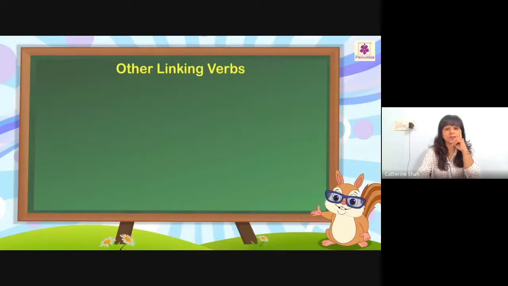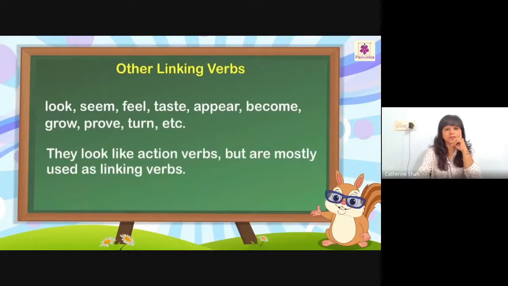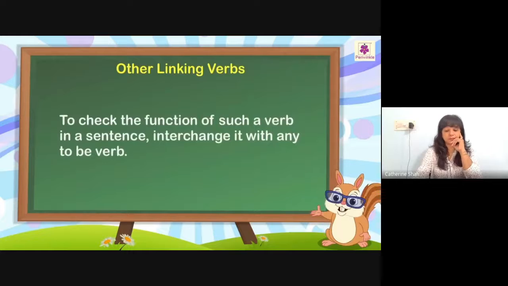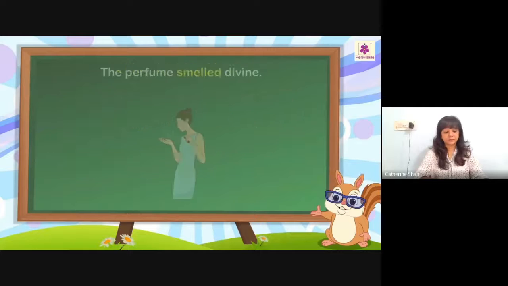Other linking verbs are as follows. They look like action verbs but are mostly used as linking verbs. To check the function of such a verb in a sentence, interchange it with any to-be verb. If the meaning stays the same, then it is a linking verb. For example, the perfume smelled divine.